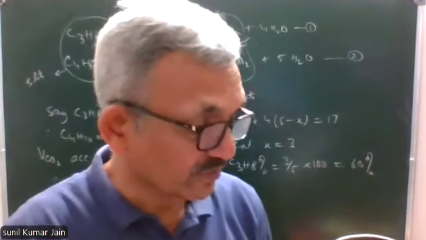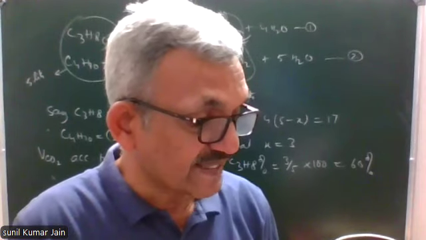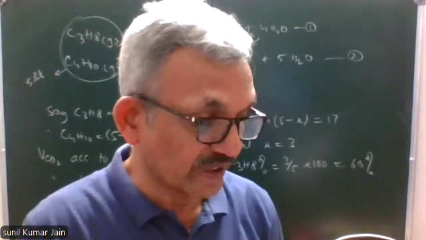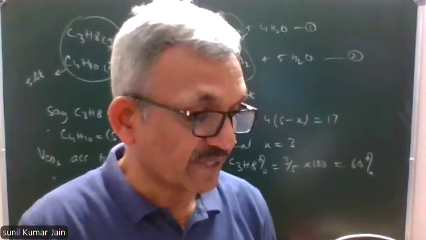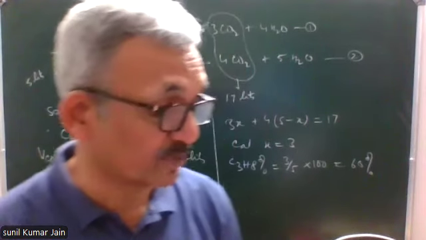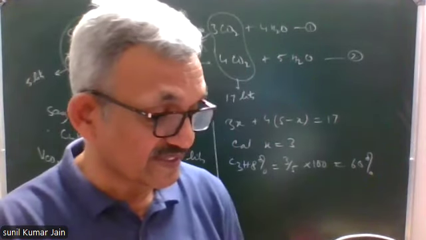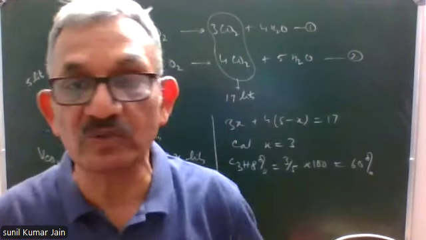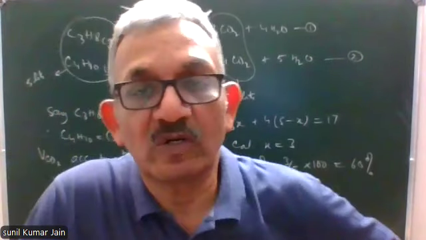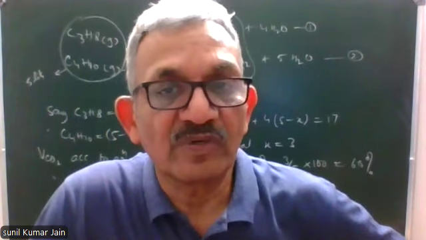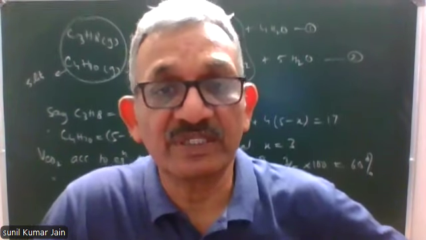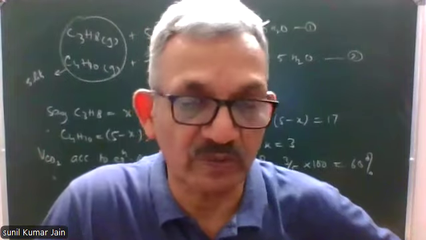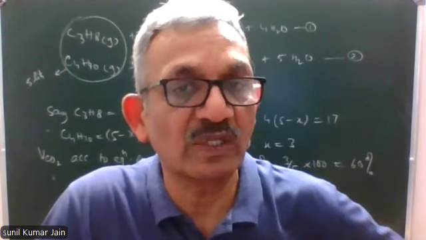Now coming to theoretical question number 1. Vessels A and B containing O2 and O3 respectively have same capacity and are maintained at the same temperature and pressure. Which of the two vessels contain more number of molecules? See, according to Avogadro's law, equal volumes of all gases at same temperature and pressure contain equal number of molecules. So both of them contain equal number of molecules.